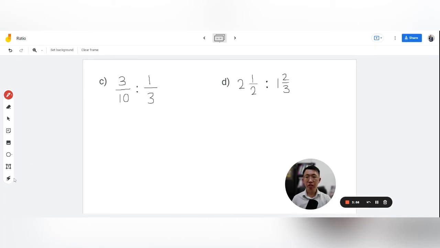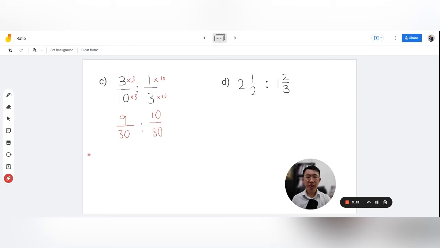Okay, now what happens if you get a situation like this where you can see here the denominator is 10, the other side the denominator is 3. Make the denominator the same by doing this. Here I times 3, times 3. For this side you times 10, times 10. Change the question to 9 over 30 here, ratio to 10 over 30.